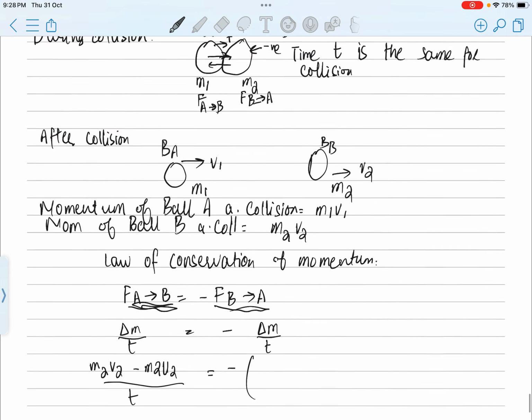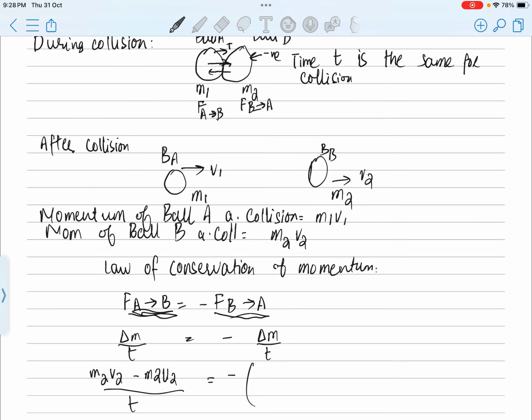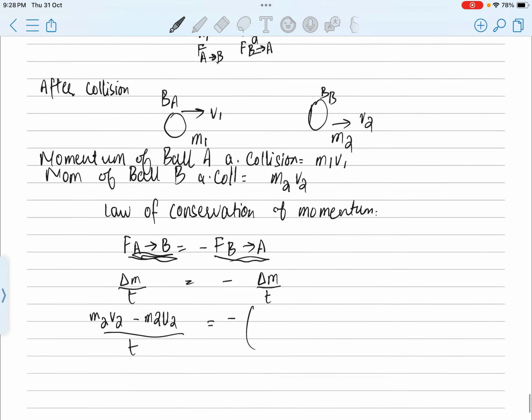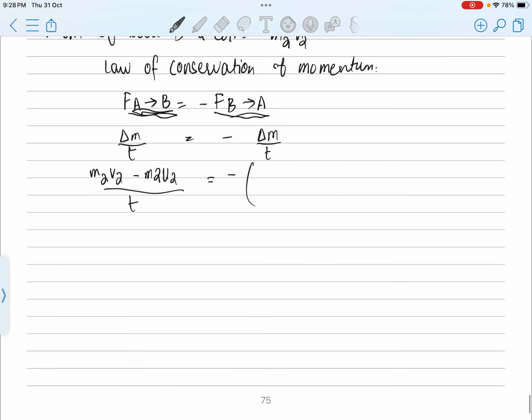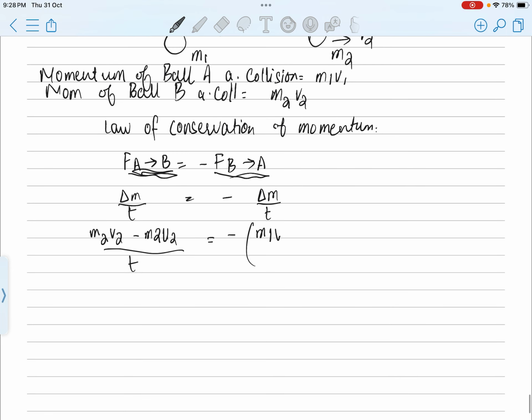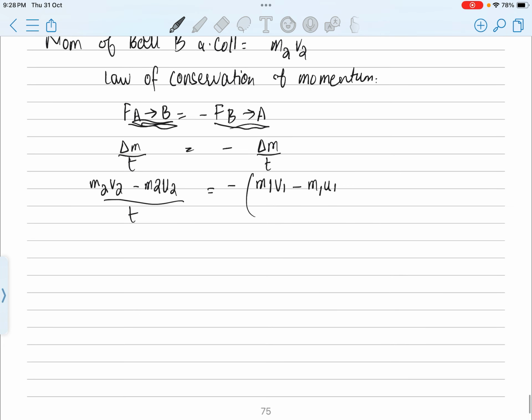Now this force is changing the momentum of ball A. So the final momentum of ball A is m1v1 and the initial momentum is m1u1. With respect to time, so this is m2v2 minus m2u2 over t equals minus m1v1 plus m1u1 over t.